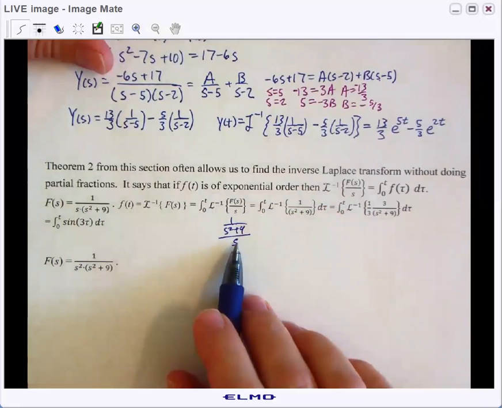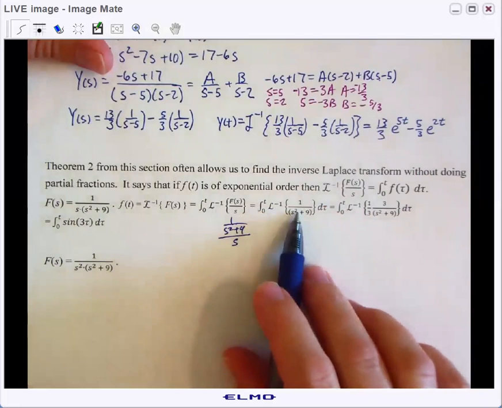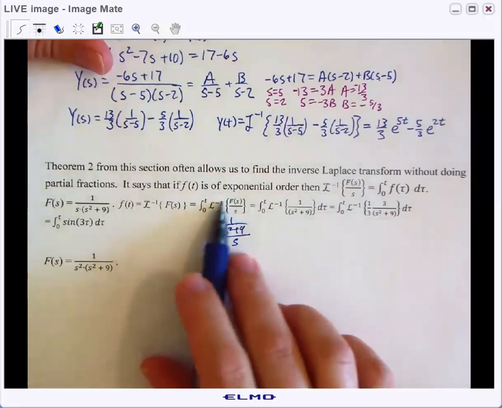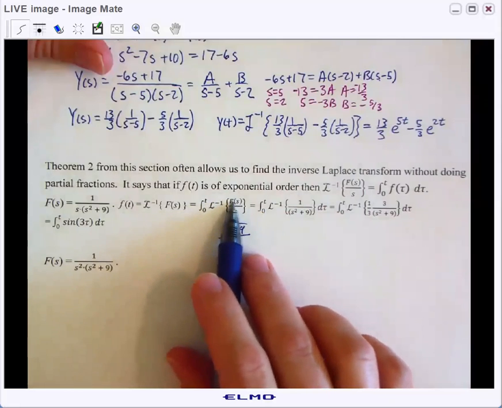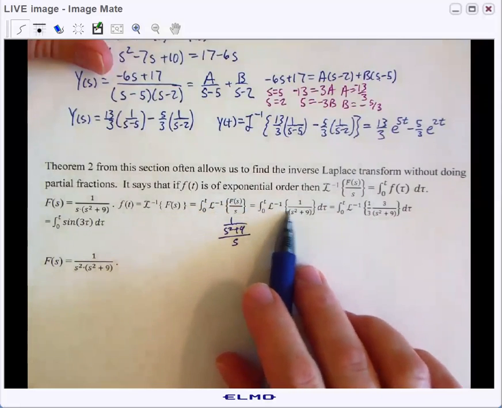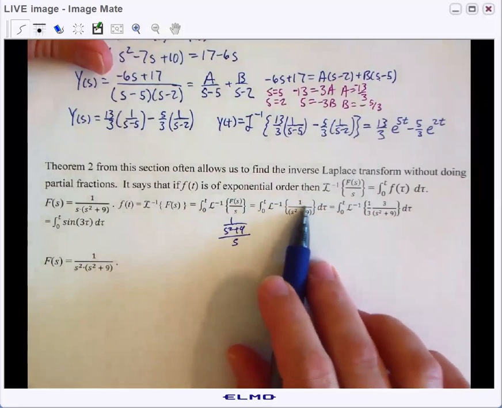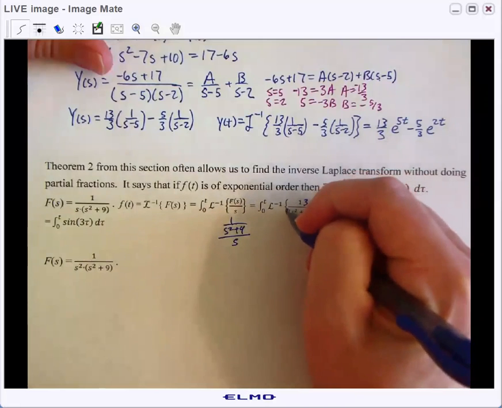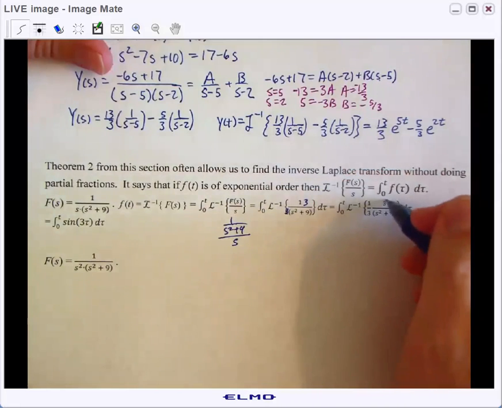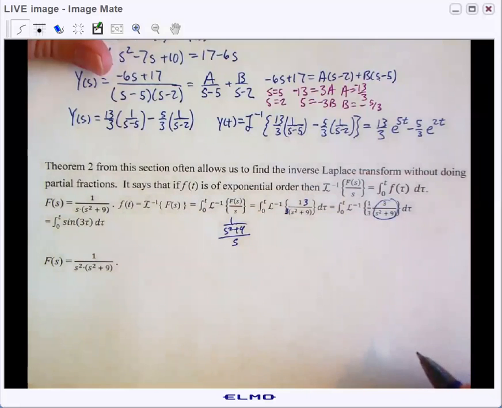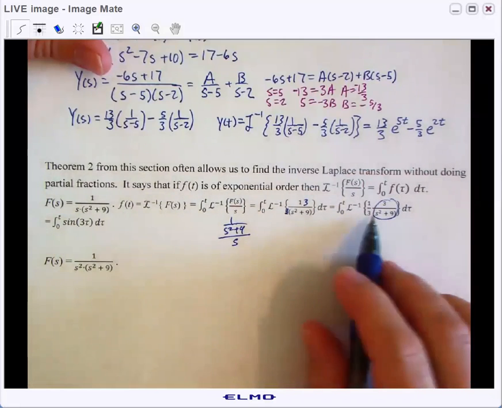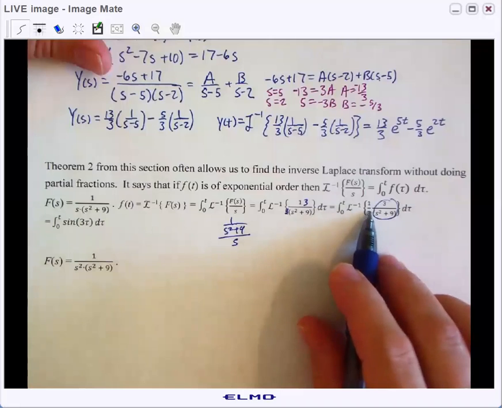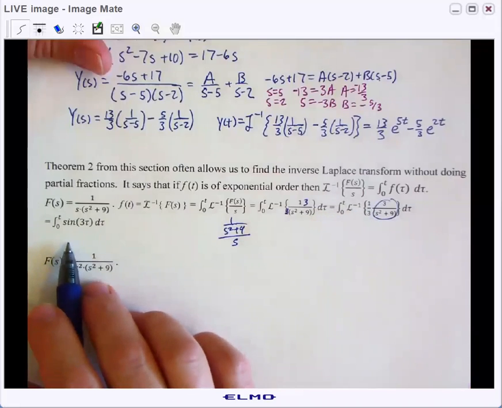And so that's going to be the integral of the inverse Laplace transform of this guy, which we recognize, if I were to times by a 3 and divide by a 3, as sine of 3t, okay? But we need the 1/3, so that 1/3 can factor out front.